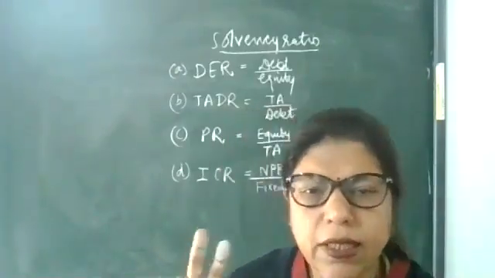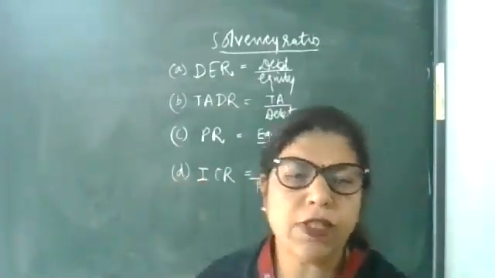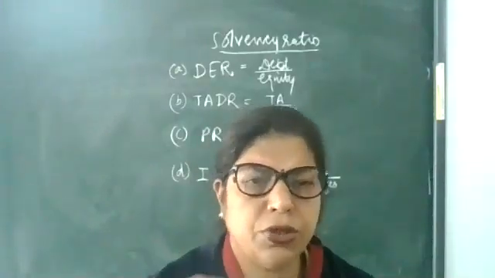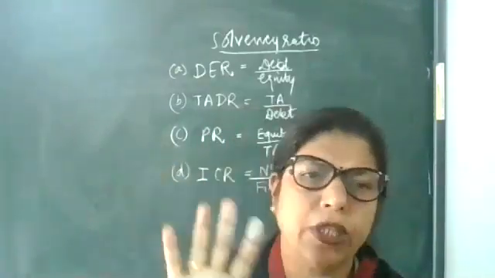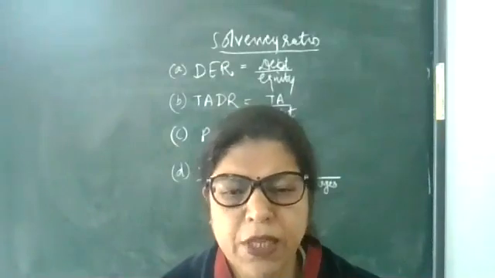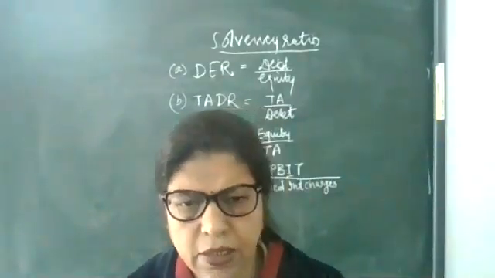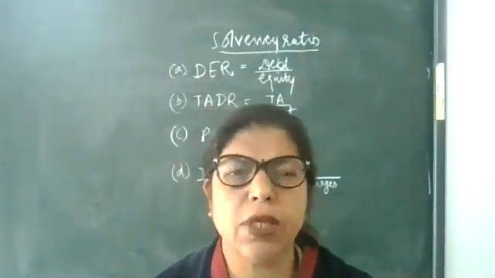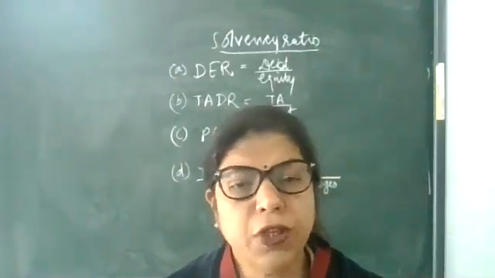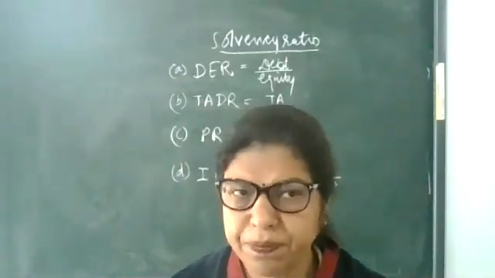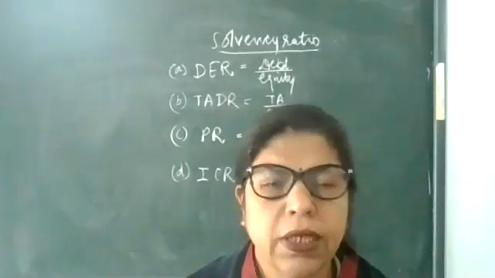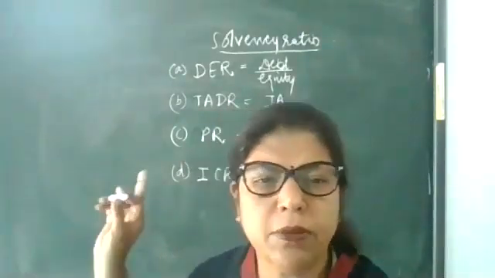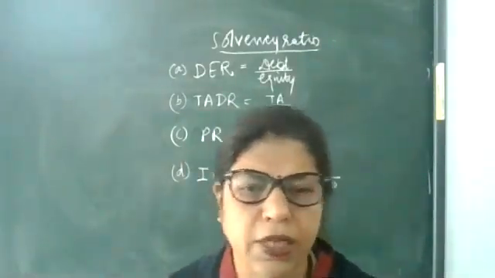First thing. Second thing, under solvency ratios, only these four ratios are included for you. In previous years' sample papers you will see a variety of ratios, and even in a few books near about 8 solvency ratios are given.